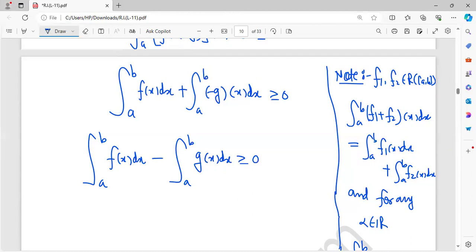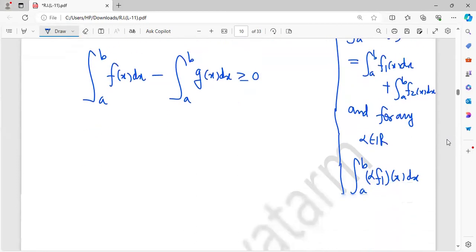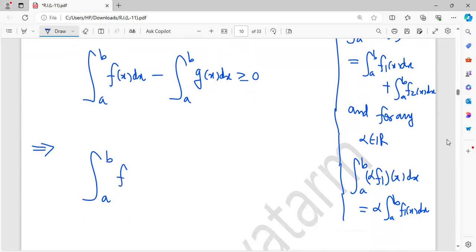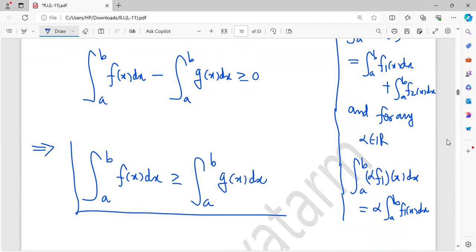Okay, now you solve this. You bring this integral of g(x) from a to b to the right hand side. Okay, so this implies the integral from a to b of f(x) dx is greater than or equal to the integral from a to b of g(x) dx. Okay.